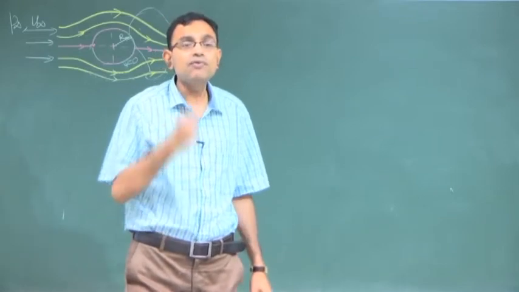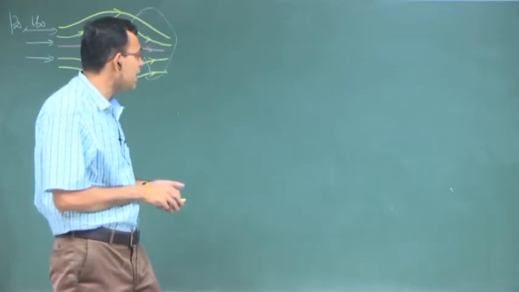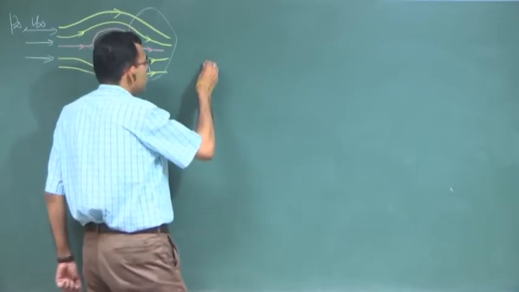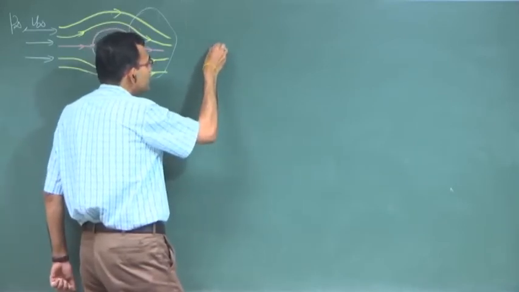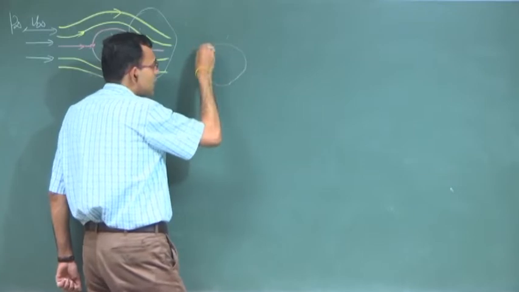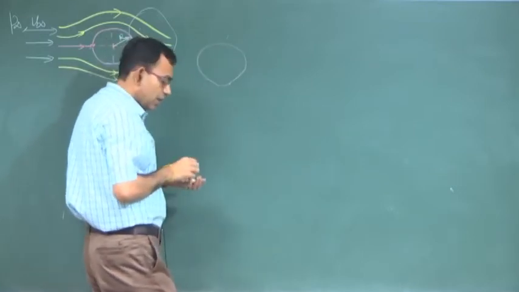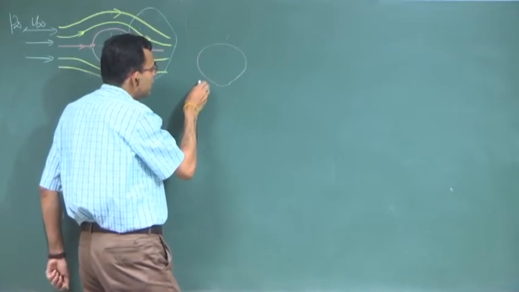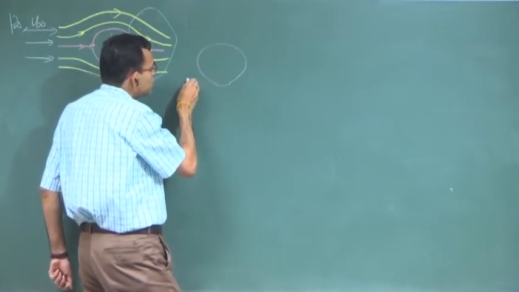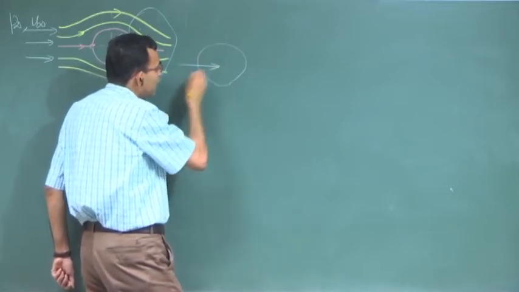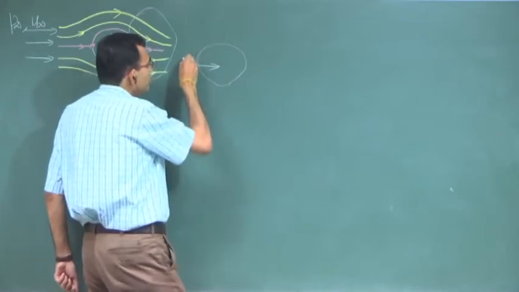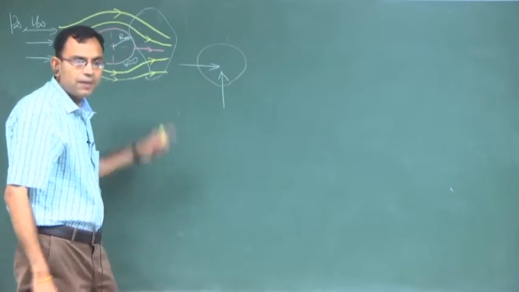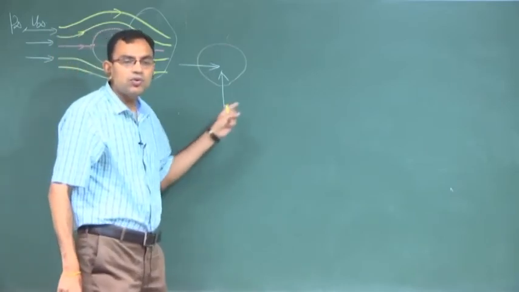What about lift force? Just to recapitulate, what are drag and lift? If you have a body of any arbitrary shape and the resultant force, you can decompose that resultant force into two parts. One is along the direction of flow and another is perpendicular to the direction of flow. In the plane you can resolve it into these two components.